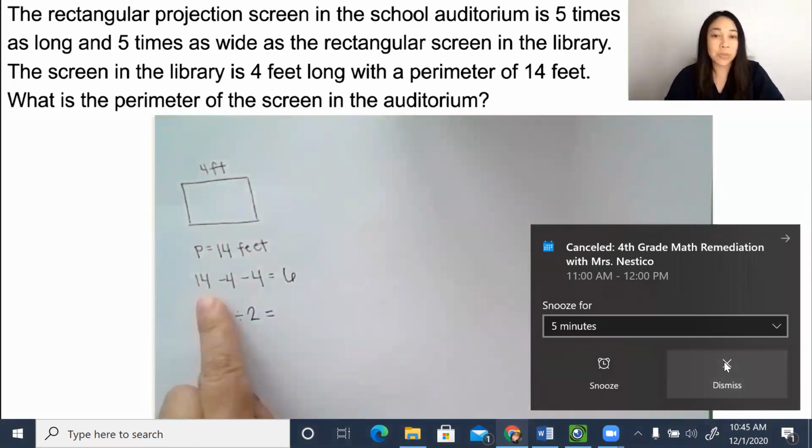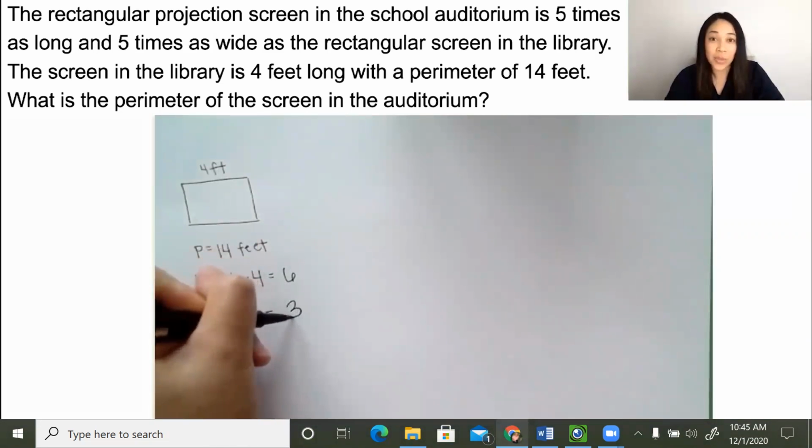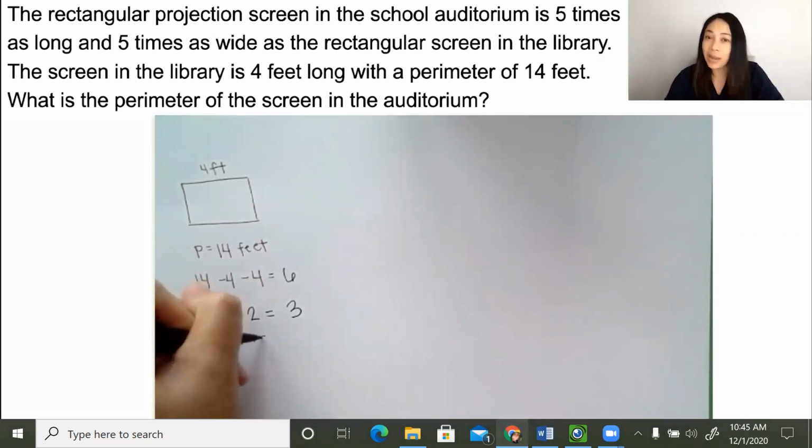Well, since we've already subtracted the length, 14 feet, 2 times, we're left with 6, which is twice the width of the rectangle. Therefore, when we divide by 2, that equals 3 feet, which equals the width of the school library screen.